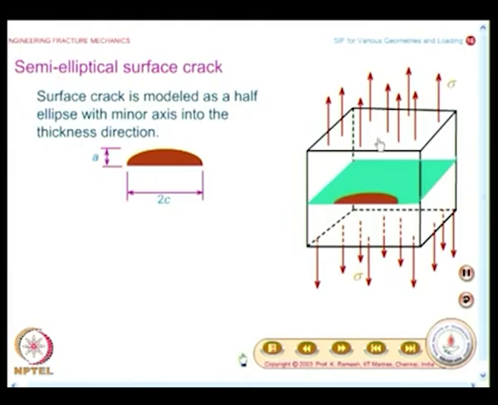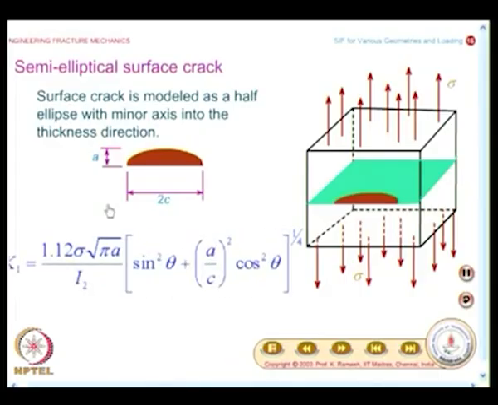You make a neat sketch, you have a uniformly distributed stress field, and you have this length as 2c and a. We all know that when we have a SEN specimen, you have a crack emanating from a free surface. So, what we did, we simply modified that sigma as 1.12 sigma.